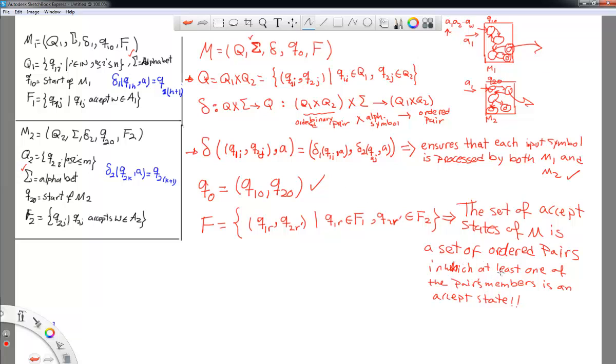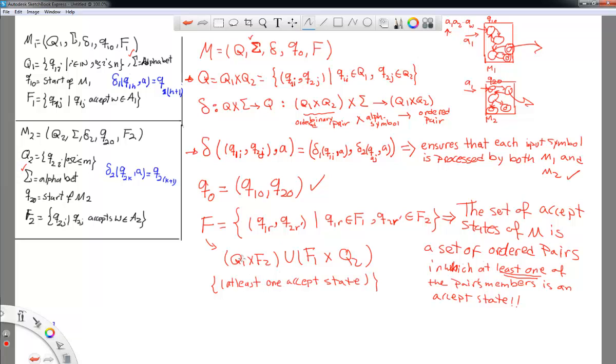Remember, I said at least one is an accept state, which means that F is going to be Q sub 1 cross F sub 2, union F sub 1 cross Q sub 2. Because I want the state to have at least one accept state.